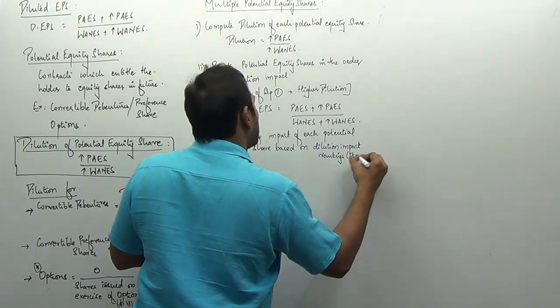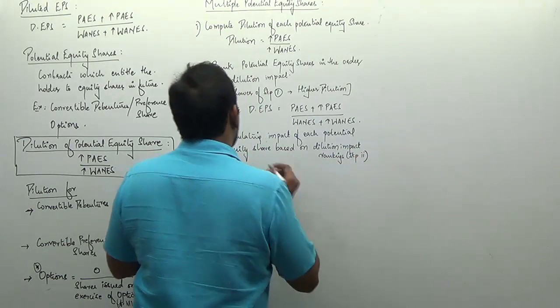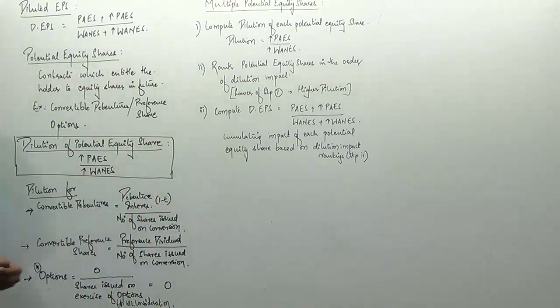These rankings were given in step 2. Calculate diluted EPS using that formula, cumulating the impact of each potential equity share based on the dilution impact rankings given in step 2.